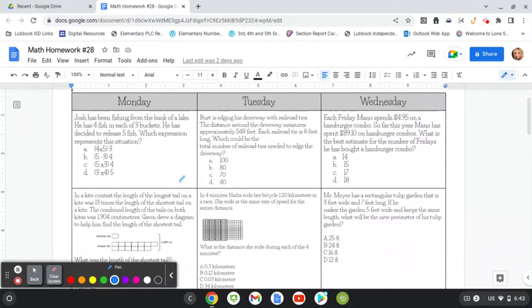Okay, on to Tuesday. Bert is edging his driveway with railroad ties. The distance around the driveway measures approximately 548 feet. Each railroad tie is 8 feet long. What could be the total number of railroad ties needed to edge the driveway? Okay, once again, we have another division problem.